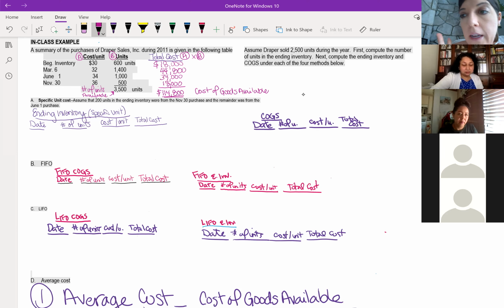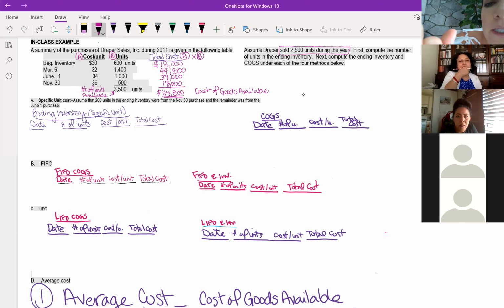Okay, so the second set of information that they did not give us was the number of units on hand, right? So they told us assume Draper sold 2,500 units during the year. So we're going to take number of units available.